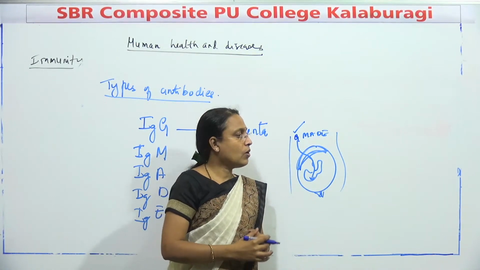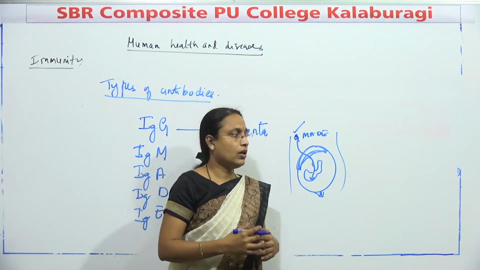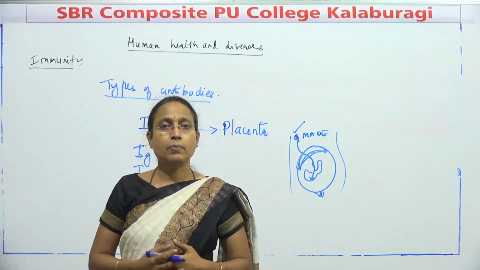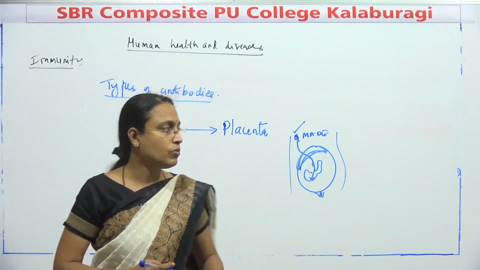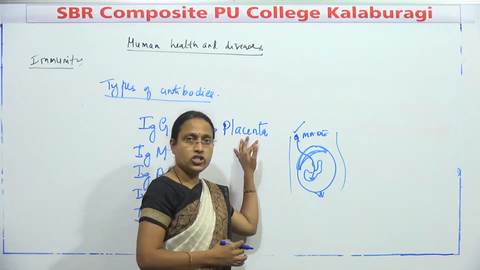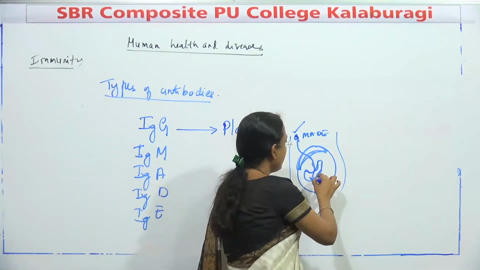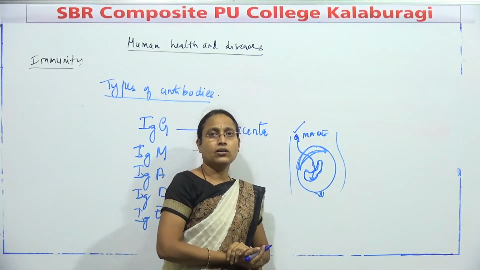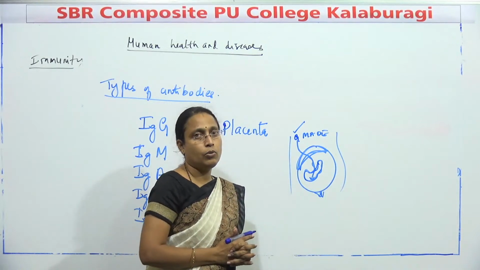So what you should know is that it is the only antibody that has the capacity to normally pass the placenta and provide immunity for the developing fetus. Before the fetus's immune system is developed, IgG passes through the placenta and provides immunity.